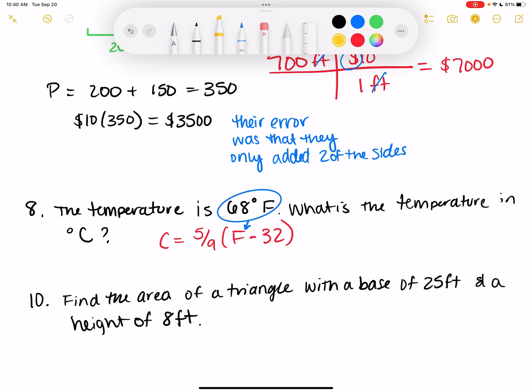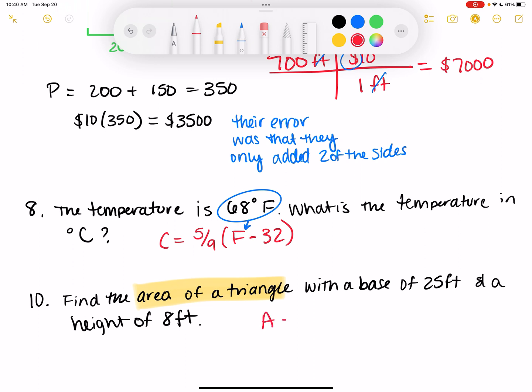Yep, so I'm trying to find the area of a triangle. Do y'all happen to know what the area of a triangle formula is? If not, it's okay. It comes more in geometry.